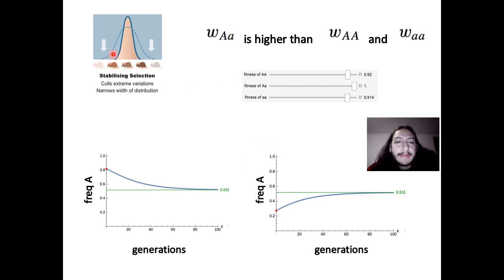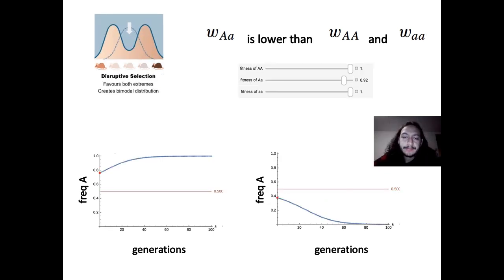So basically what we can see with stabilizing selection, for example, imagine we have a fitness where the heterozygote is doing better than either homozygote, then regardless of where the frequency of big A starts, we can see that it is going to converge to an equilibrium frequency of 0.518, because we have these selective forces pushing to have both alleles in the population, and this is going to be a stabilizing selection.